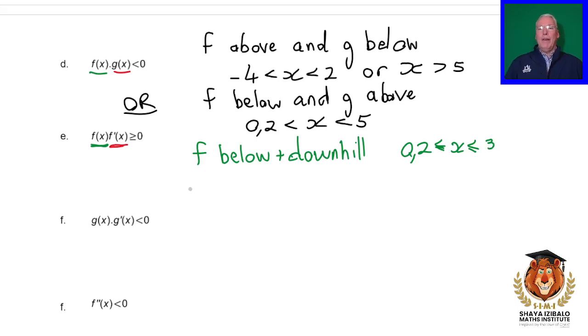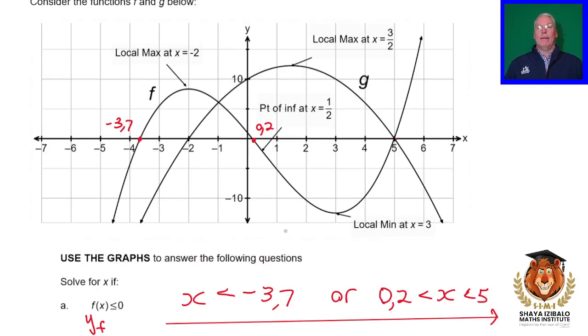The other alternative is to have f above, so positive values for the function and positive values for the gradient. Now the gradient is positive, means going uphill. So where is f above and going uphill? Let's have a look.